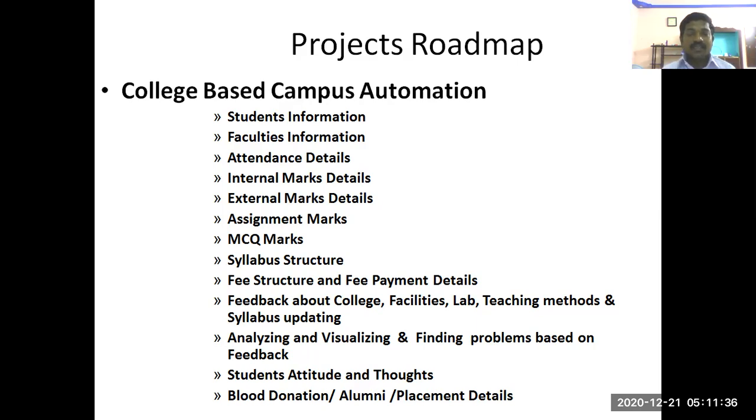These are the model projects available within the college campus. We can choose any one of the titles. We can do the mini project using the above software engineering concepts.